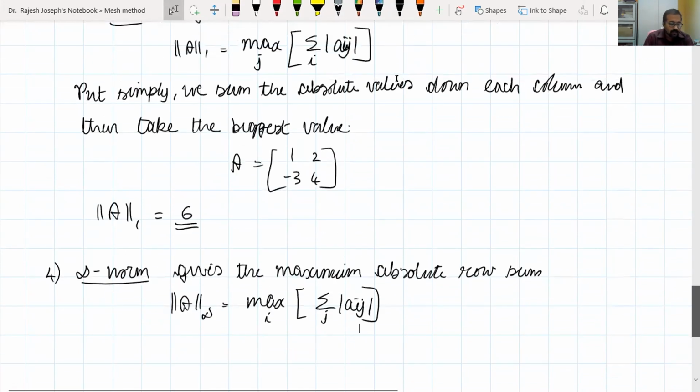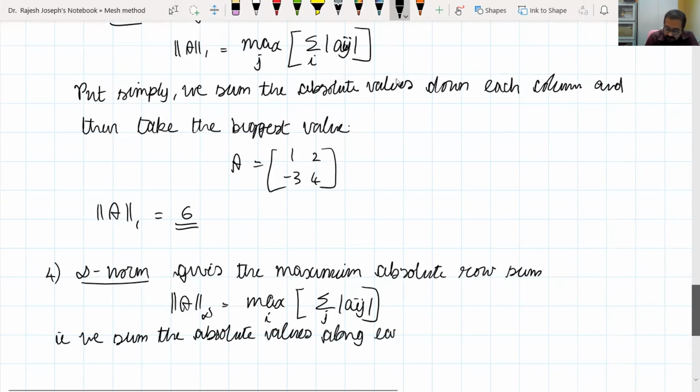We sum the absolute values along each row and then take the biggest value.